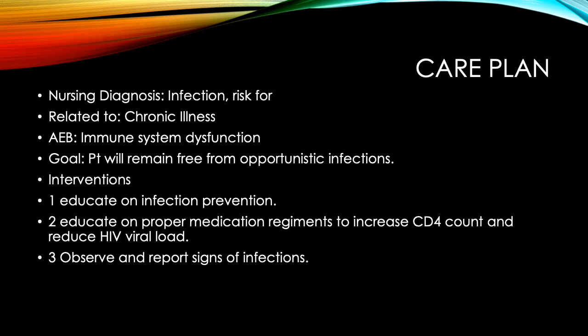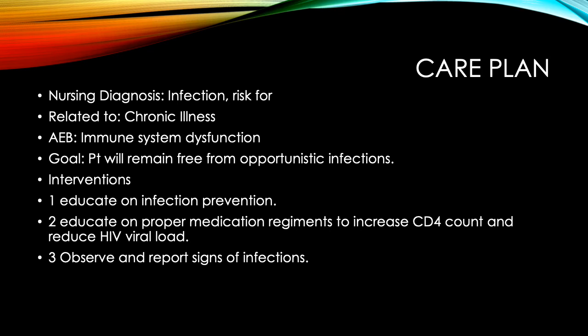And what interventions should we use to make sure that we reach that goal? We need to educate him on infection prevention. Things like hand washing, staying away from people that have illnesses. We also need to educate him on proper medication regimens to increase the CD4 count and decrease the HIV virus load in his blood.